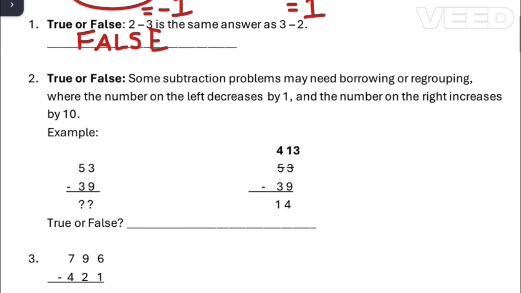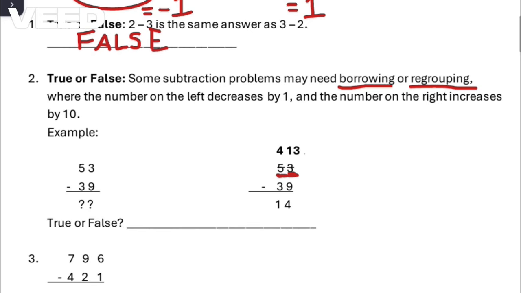So, as a result, we do something called borrowing or regrouping, where the number on the left, the 5, decreases by 1. It turns into a 4. And the number on the right, this 3, increases by 10.